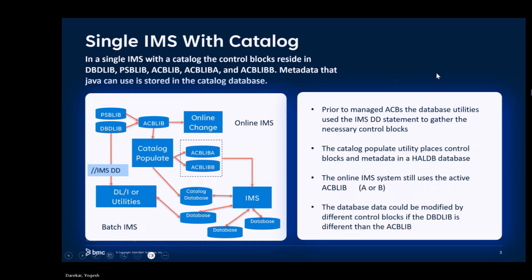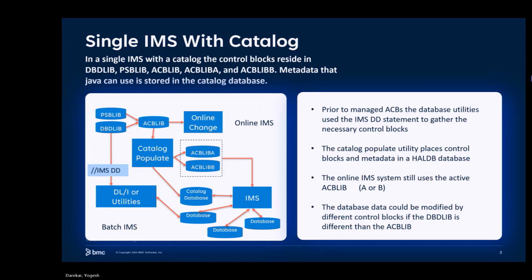In IMS 12, IBM introduced the catalog. The catalog is a PHIDAM database with a secondary index. It would be populated with the control blocks, the DBD, PSB, and ACB, and from there you could access information such as segment info and fields.